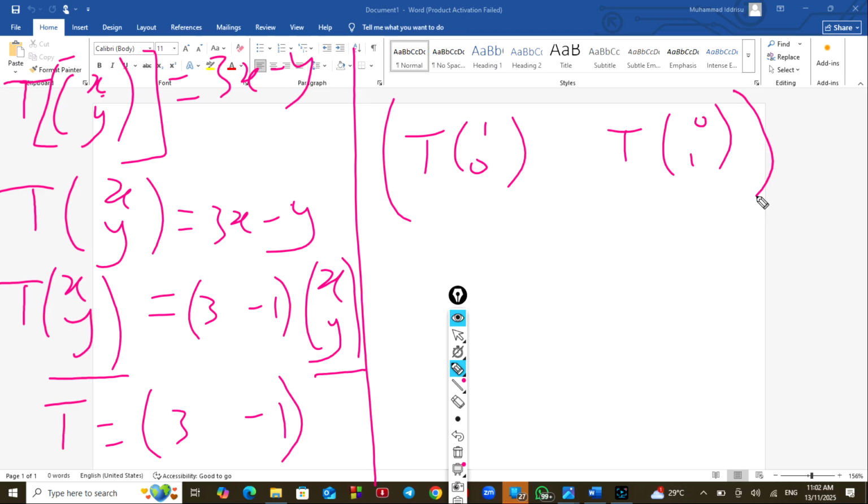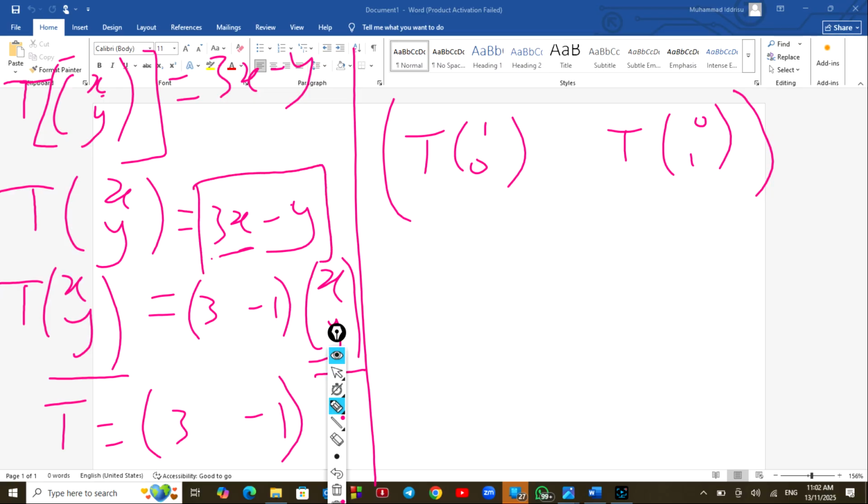So in place of x, we perform the transformation. By definition, transformation of xy is this. So we have transformation of 1 0. So our x is 3 times 1 minus 0, and then here we have 3 multiplying our x 0 minus our y is 1.